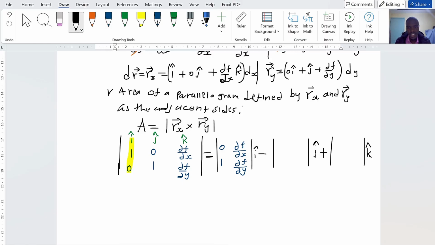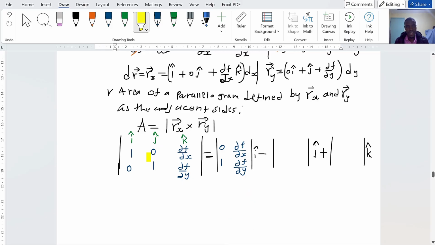Then j is negative, and k. Now for j, we close j. When we do that, our matrix is 1, 0. Okay, I think I made a mistake here. For i, let me come back. No, it was right.